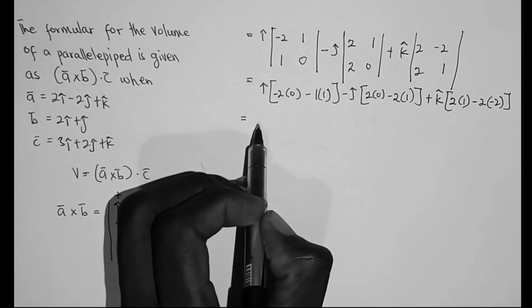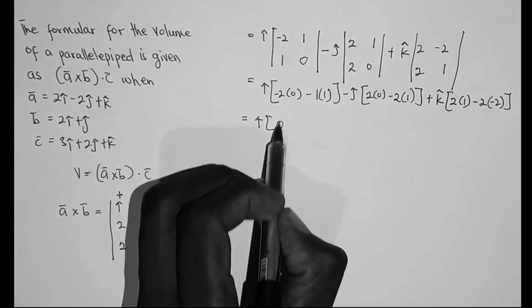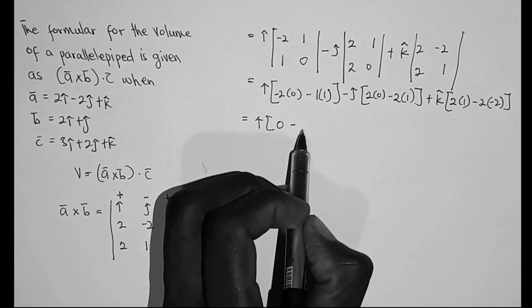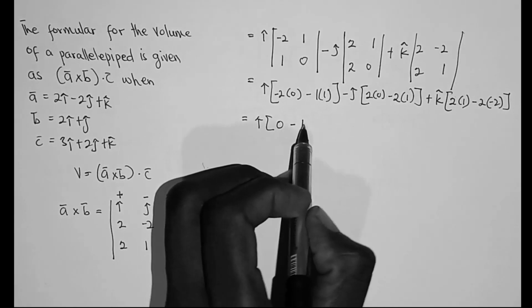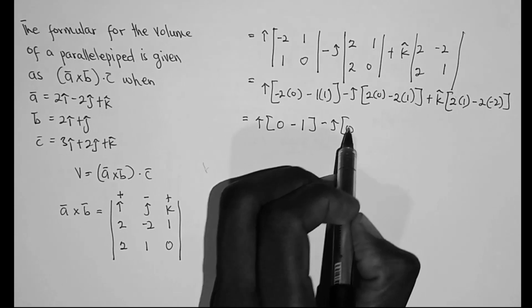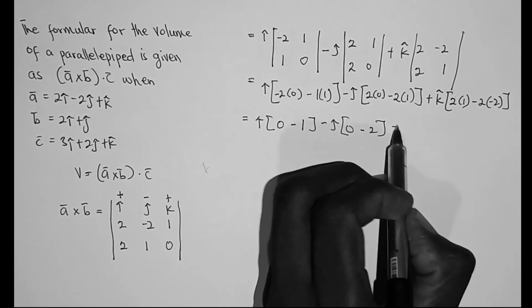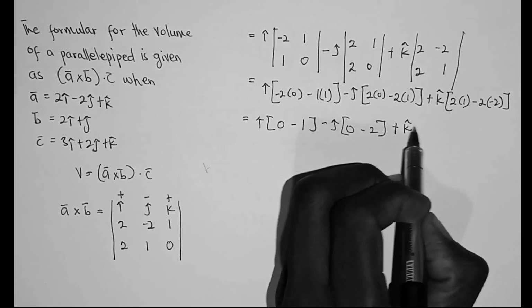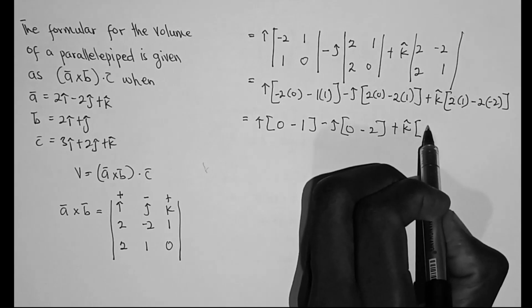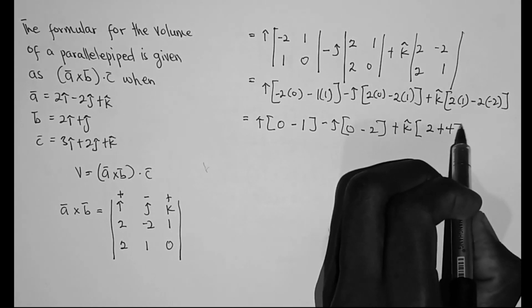So this is equal to I. Minus 2 times 0 is 0, minus 1 times 1 is minus 1. Then minus j, 2 times 0 is 0, minus 2 times 1 is minus 2. Then plus unit vector k, 2 times 1 is 2, then minus 2 times minus 2 is plus 4.